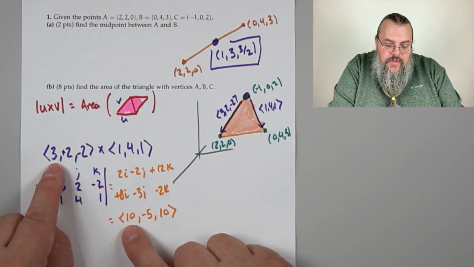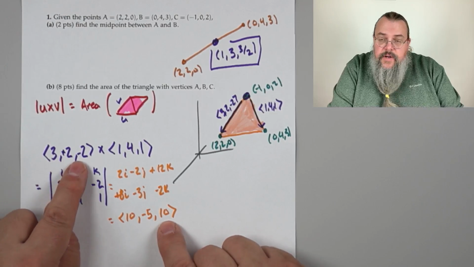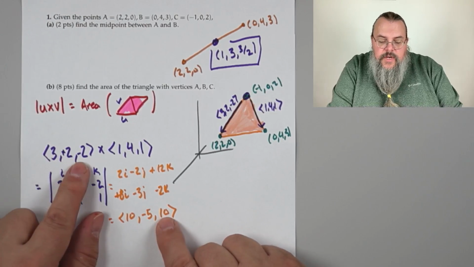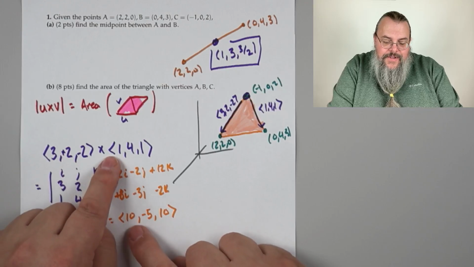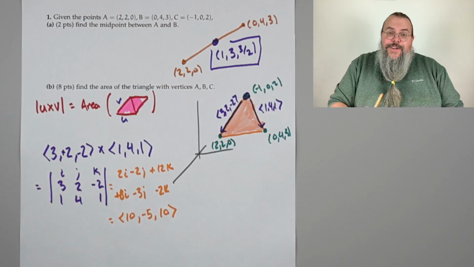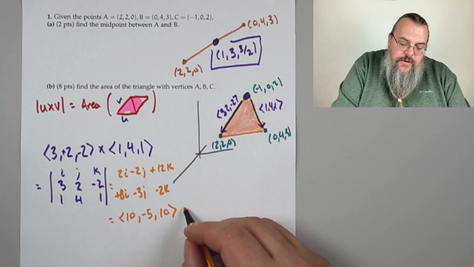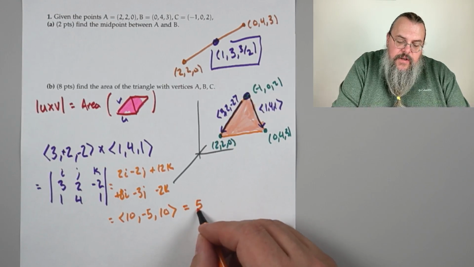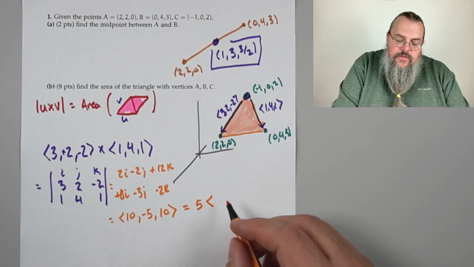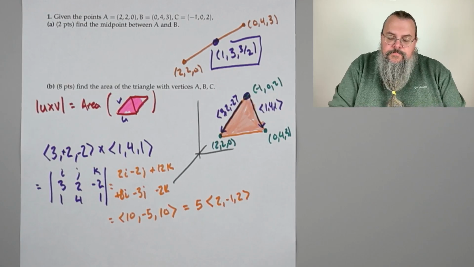So we get 10 times 3 is 30. 2 times -5 is -10, -20. 30 minus 10 minus 20, 0. Here you have 10 minus 20 plus 10, 0. Good, good. Now, I'll make a quick note that I can pull out a common factor. So this is really 5 times 2, -1, 2.